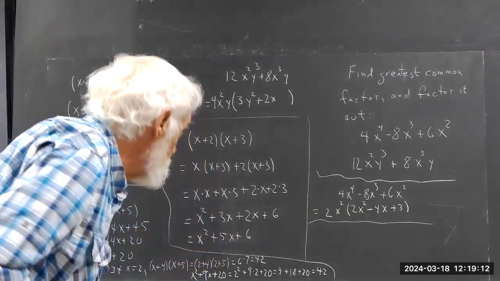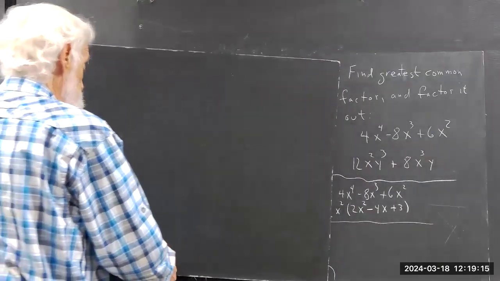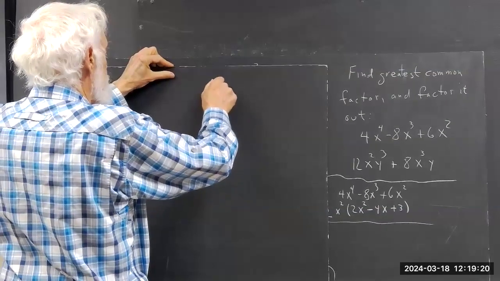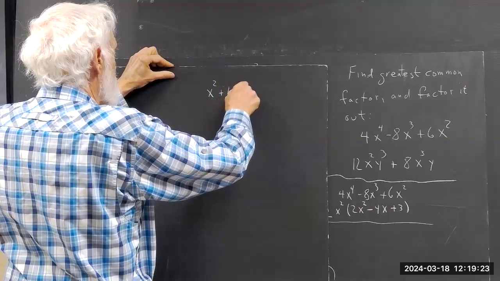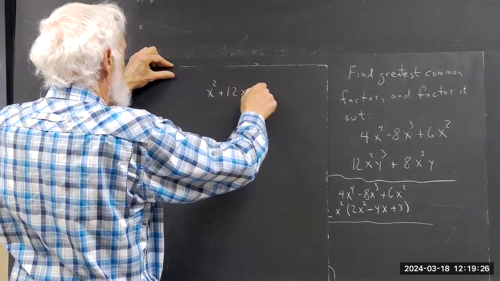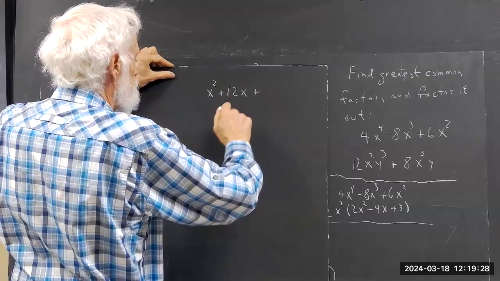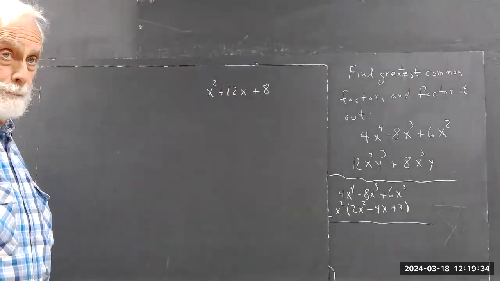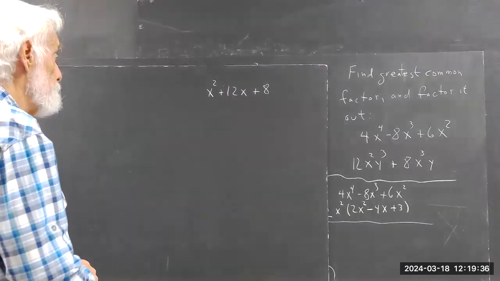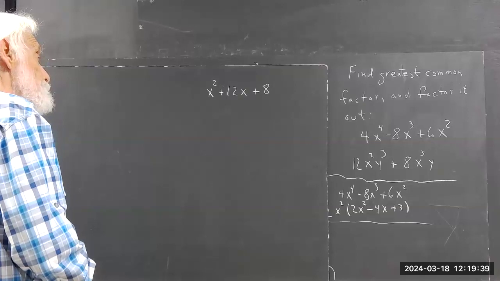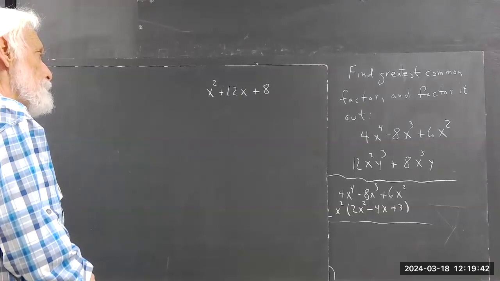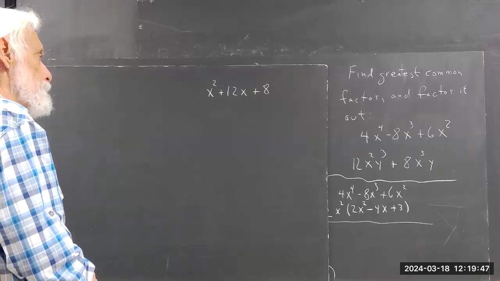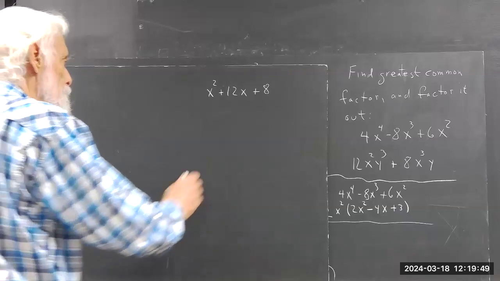I'll give you a taste of it, so you know what to look for. If we have something like x squared plus 12x plus 8, we understand, and that's their example.